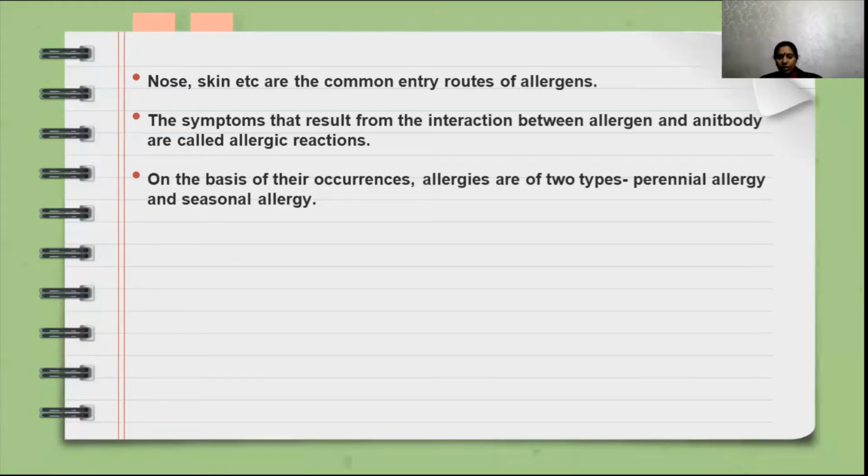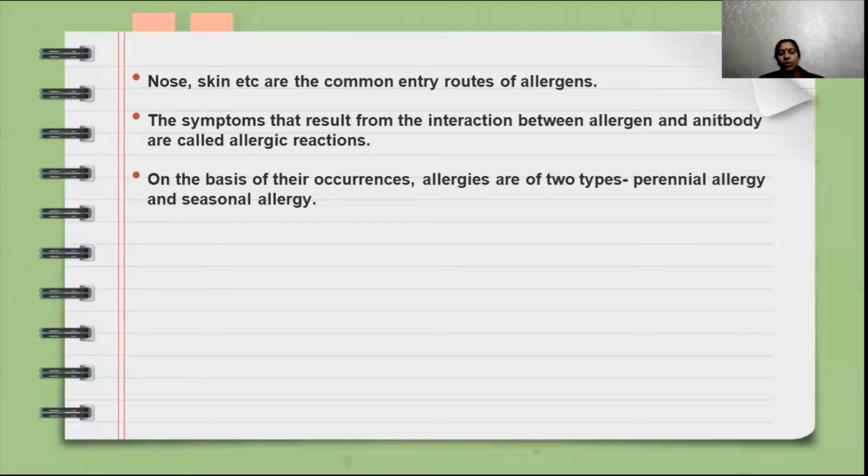The next one is seasonal allergy. The other name for seasonal allergy is hay fever, which means the allergy symptoms happen during certain seasons of the year. That's why it is called seasonal allergy.